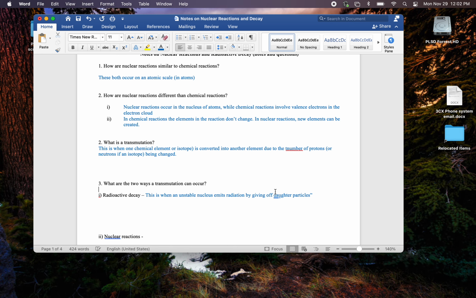The product that we start with in nuclear reactions is called the parent particle. The particles that are given off are called daughter particles. You could also give off energy.